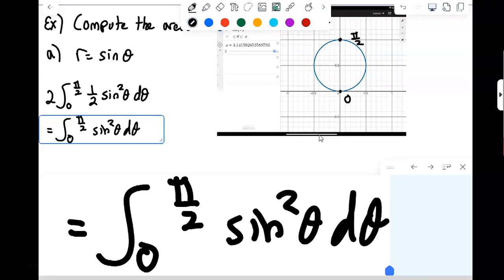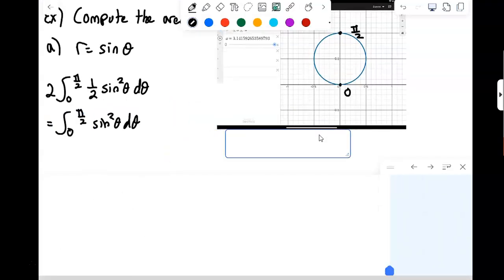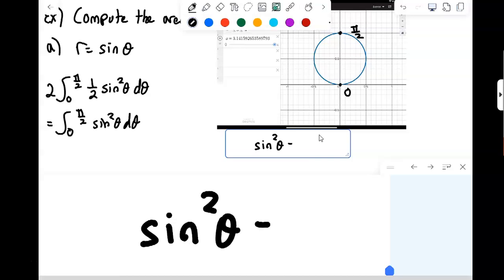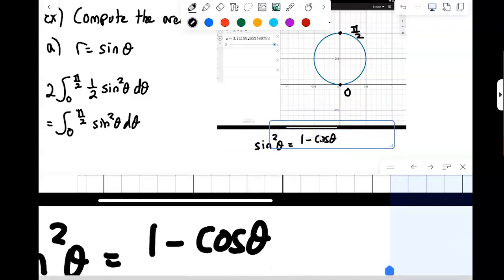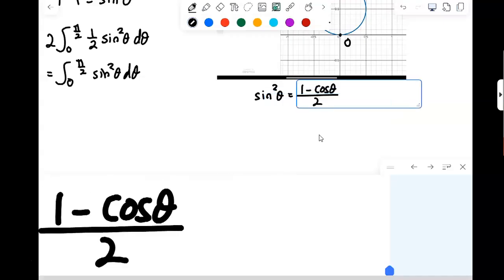Remember, we can't do that one directly. We either have to use a reduction formula if we have it at our disposal, or we have to use that sine squared identity. Sine squared theta is (1 minus cosine 2 theta) over 2. Remember, the other one is cosine squared is (1 plus cosine 2 theta) over 2.